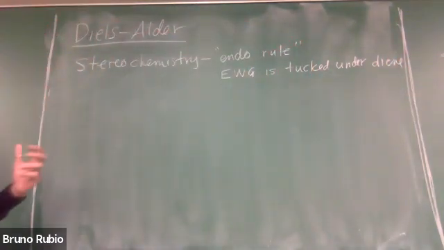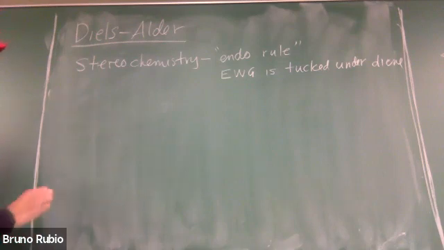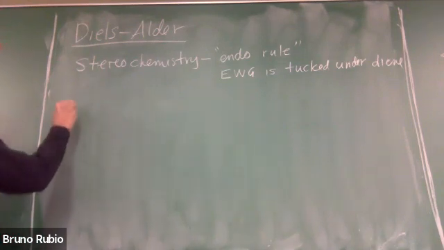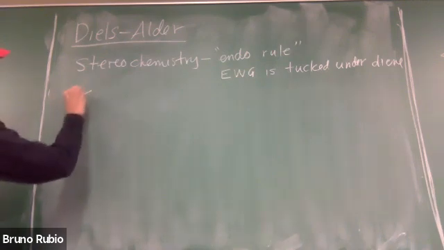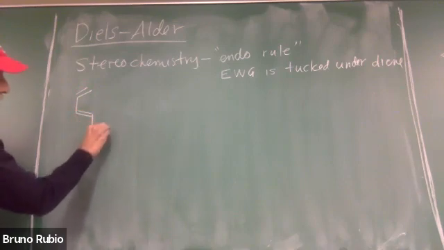Okay, and so this is one way of being able to predict the stereochemical outcome of Diels Alder. Okay, so let's look at something. Let's do a problem that we did before. I think we were looking at this.